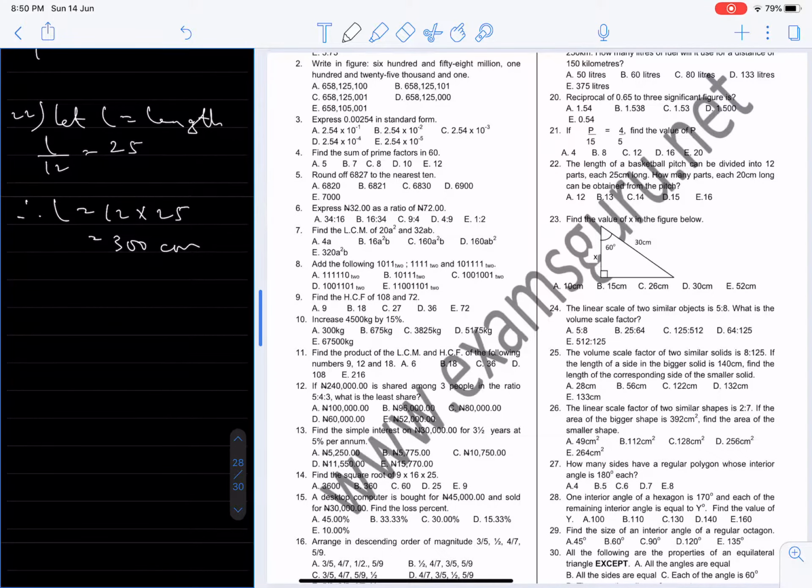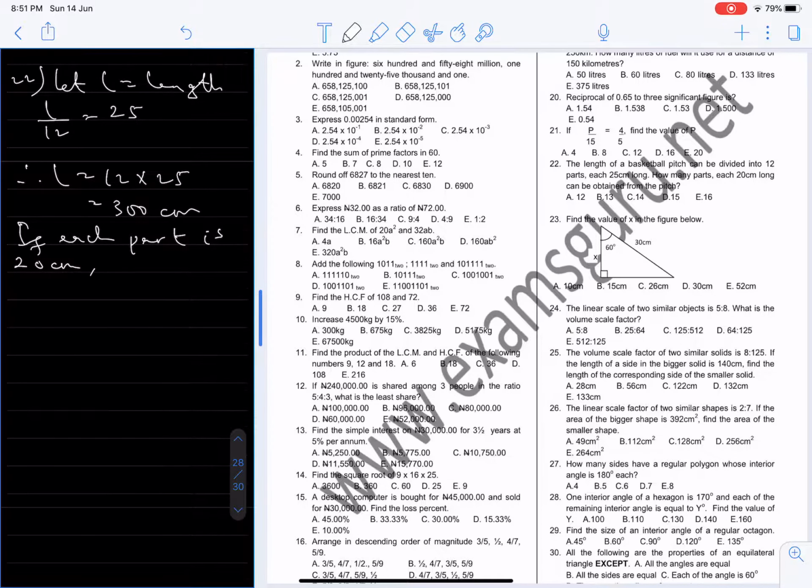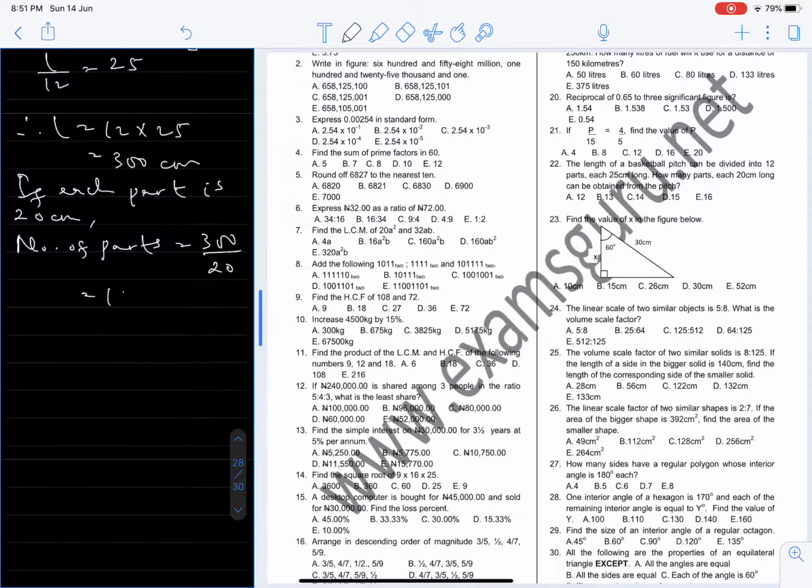The number of parts is the full length of the pitch divided by each length, which is 300 over 20, and that's 15.